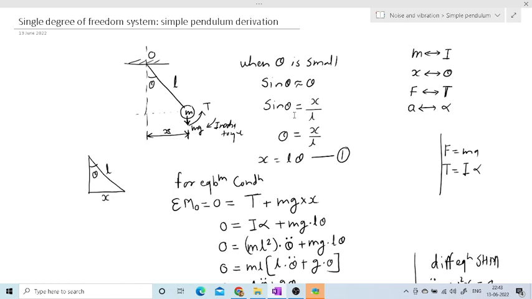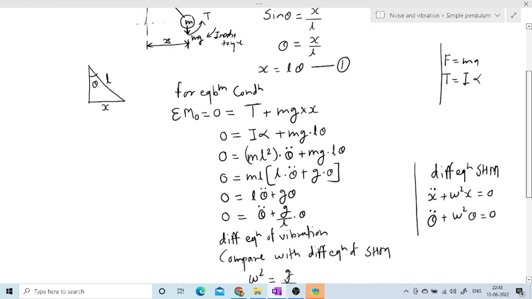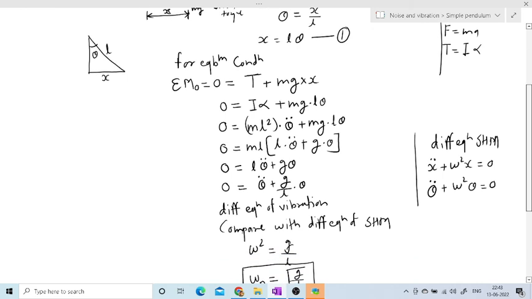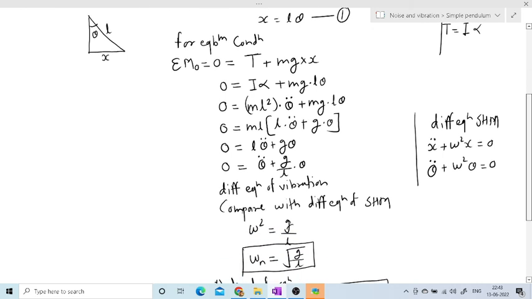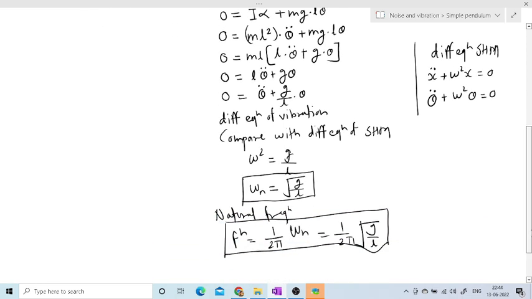Then we replaced I with mk square, and we took mL common from this equation. Then we converted the equation into standard form, that is theta double dot plus g by L into theta, and compared it with the differential equation of SHM, and from this we obtain omega n is equal to root g by L, and Fn is equal to 1 divided by 2 pi root g by L. Thank you.